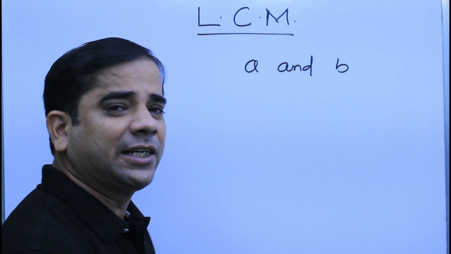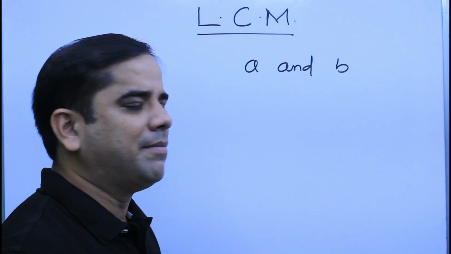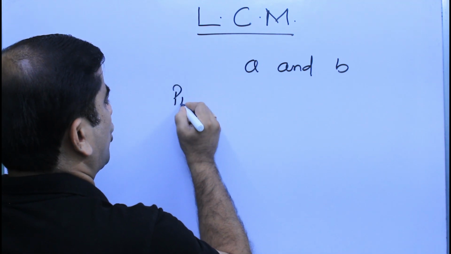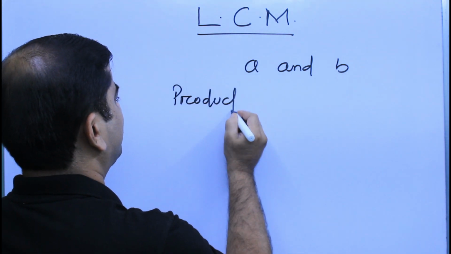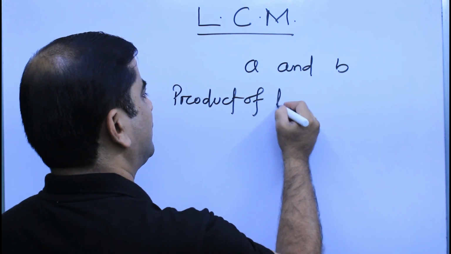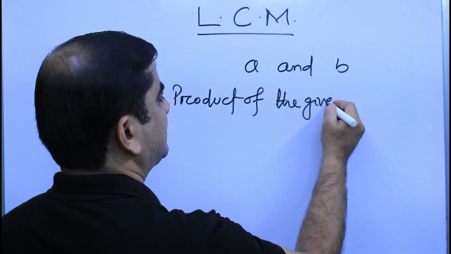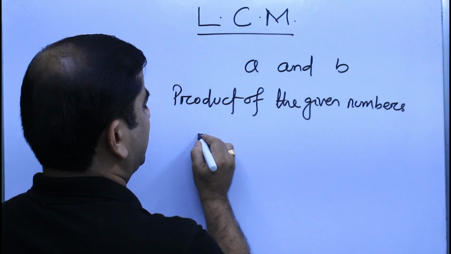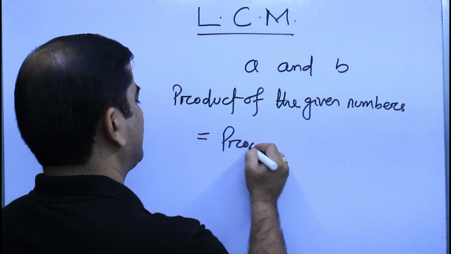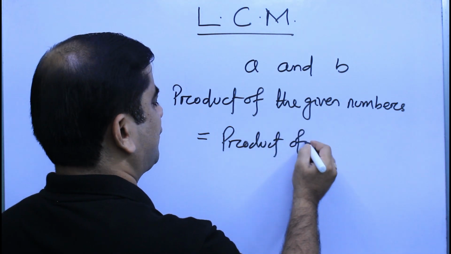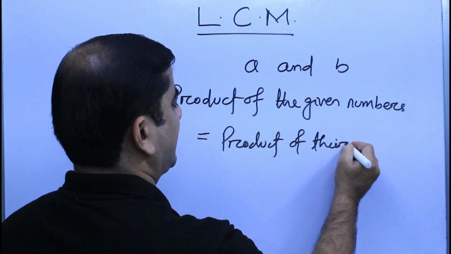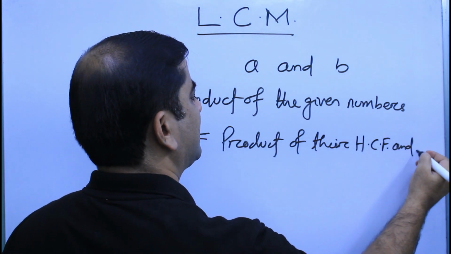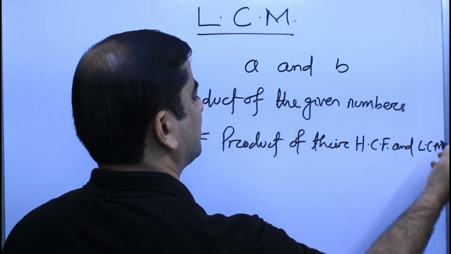Then the relationship between HCF and LCM and these numbers shows that the product of the given numbers is equal to the product of their HCF and LCM.